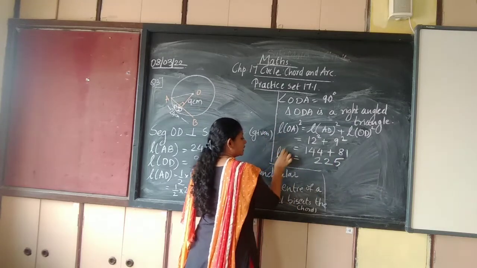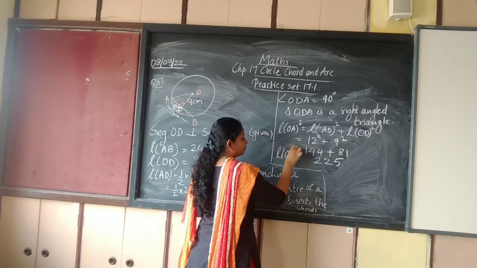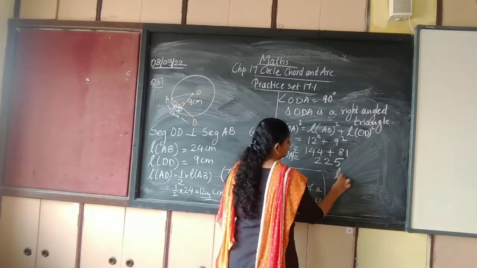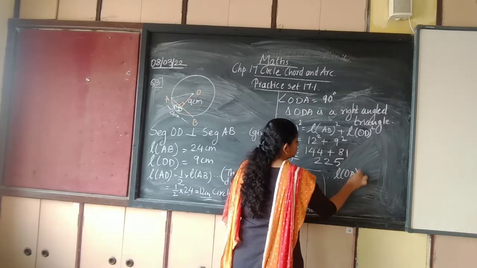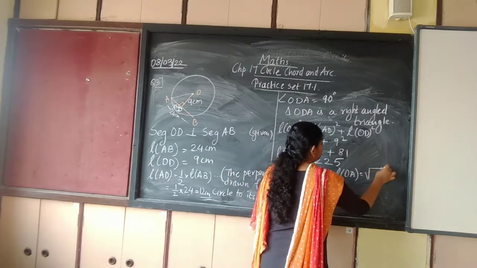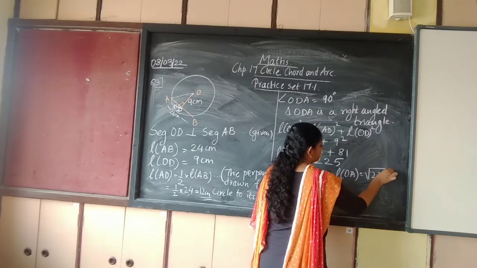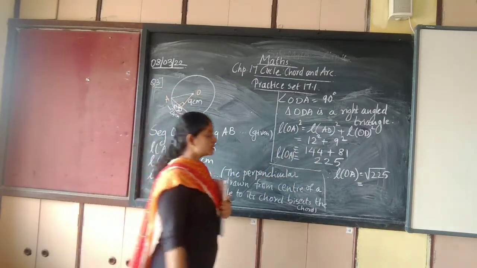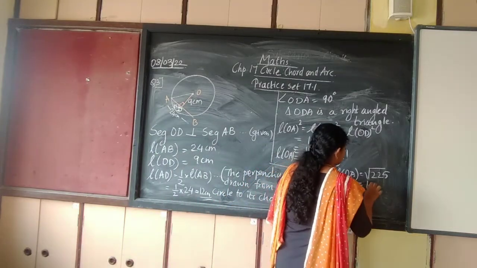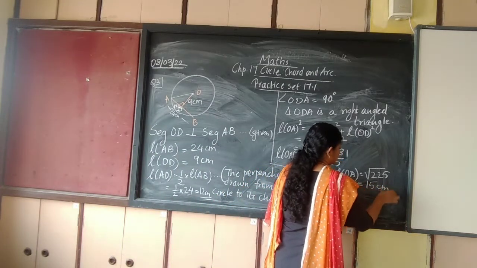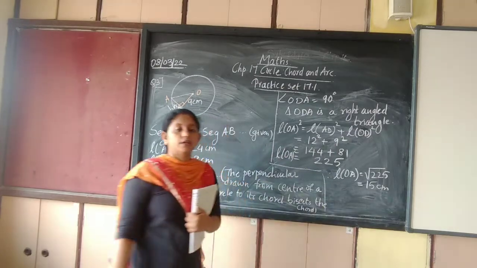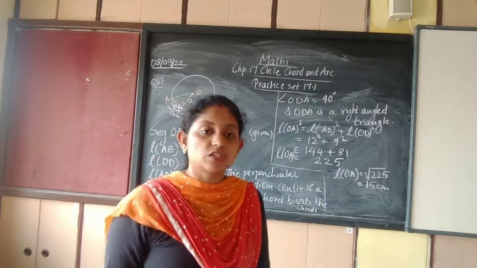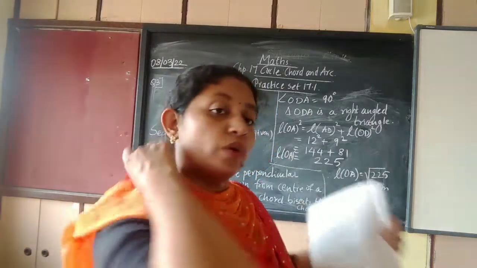Now OA square is 225. So therefore, length OA is how much? Square root of 225. So what is the square root of 225? It is 15. And the unit of measurement is centimeter. Now here also they did not ask us to find length OA specifically.